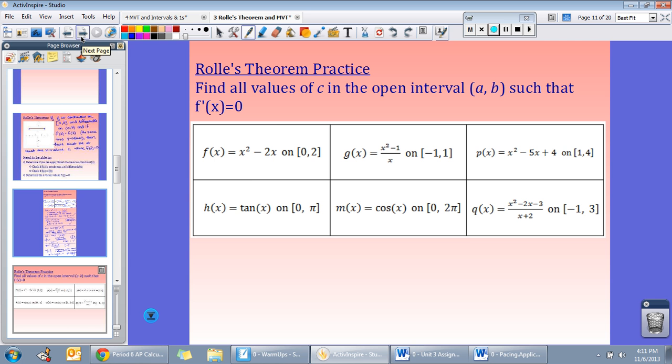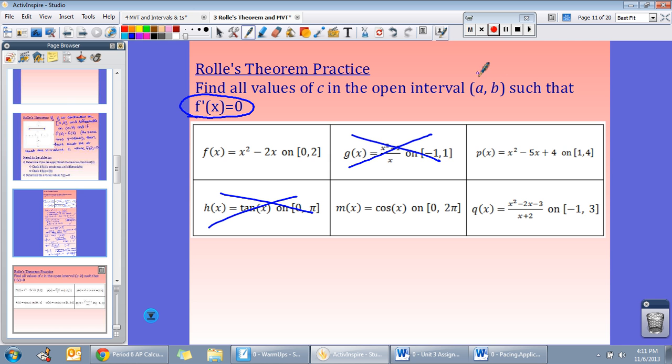Now that we know which functions we can't apply Rolle's theorem to and which ones we can, we need to find all the critical values where the derivative equals 0. So go ahead and take the derivative of each of these four functions, f of x, p of x, m of x, and q of x, and find the values where the derivative equals 0.